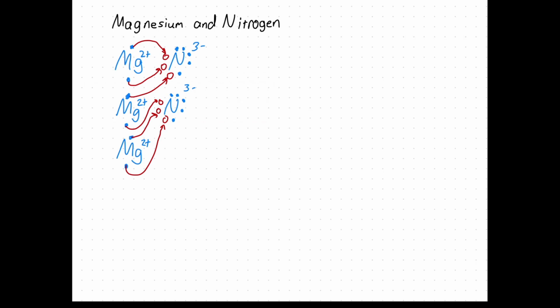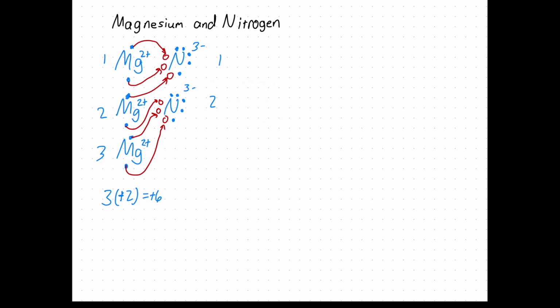And we can check that. So I have magnesium, each with a +2 charge. And there are 1, 2, 3 magnesiums. So that means I will take 3 times a +2, and I will get a +6 charge from all of our magnesiums. On the other side of things, we will have 1, 2 nitrogens, and those nitrogens each have a -3 charge.